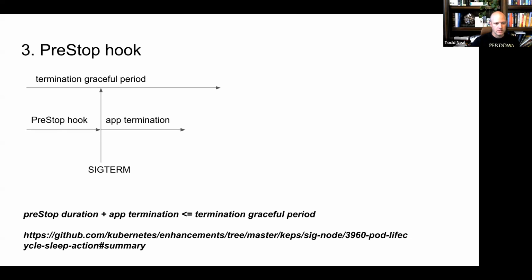Yes, that is the main motivation, but in terms of its semantics, it just delays the app termination. It is just for delaying the app termination, but if we separate the pre-stop from container termination, then it will not work.